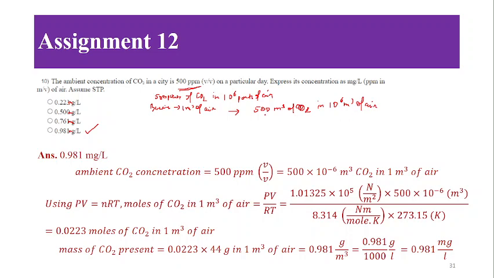Okay, and then how much in 1 meter cube of air? So if 1 million meter cube of air has 500 meter cube, then 1 meter cube will have 500 into 10 to power minus 6, sorry, meter cube of CO2 in 1 meter cube of air.